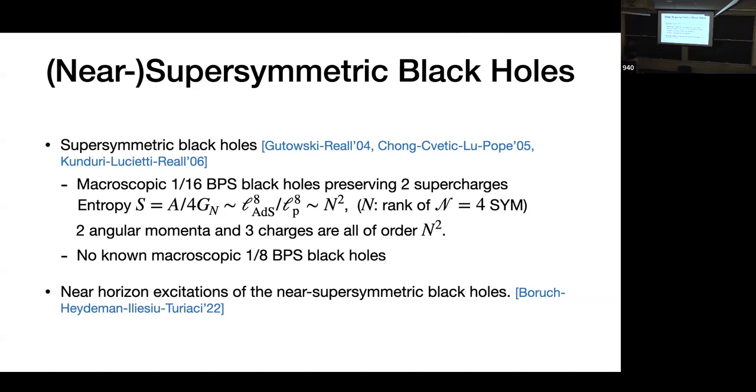What about multi-center configurations or black rings? Are they also not possible? So here I discuss only AdS black holes. I know, but in AdS, are there multi-center or black ring type solutions? I think there's no known such. Are they ruled out, or have they just not been ruled out? I don't know whether you can rule them out or not, but potentially they could be less supersymmetric, like not as BPS as this one.